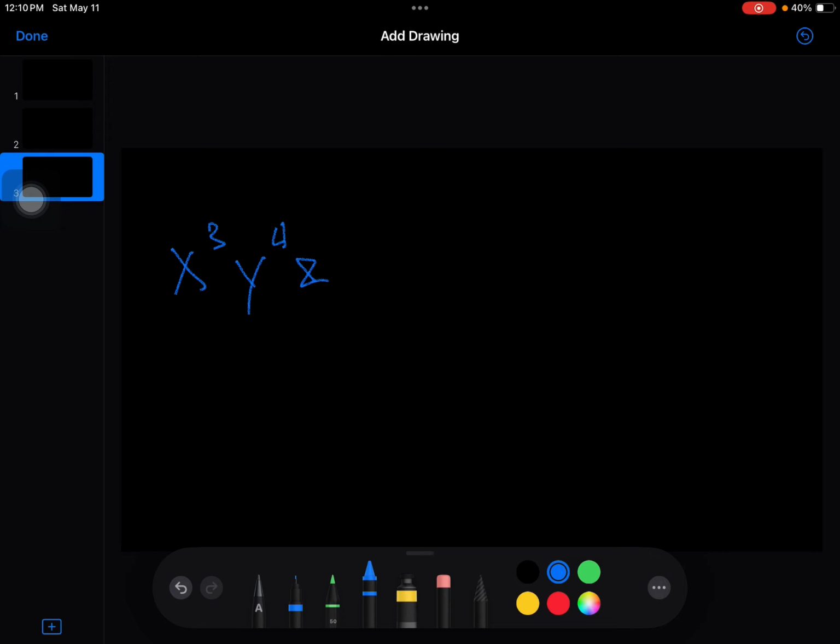Just for the sake of simplicity here, to demonstrate the main idea, we're going to have exponents. They could have roots, they could have negative exponents, they could have a lot of different things going on. And we're going to multiply, let's put a constant out there too. And we're going to add to that 6x squared y cubed z squared.